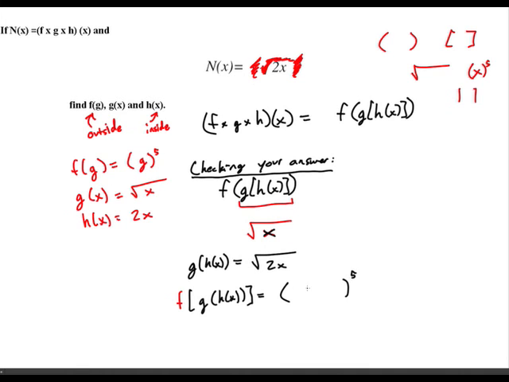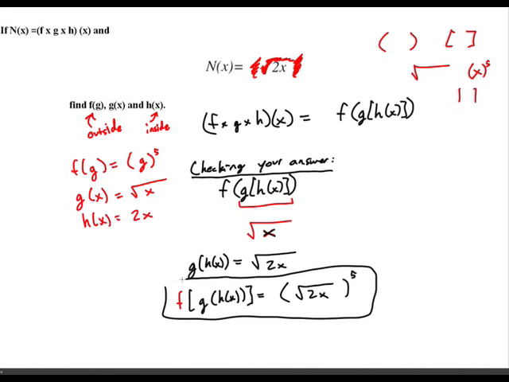So I just made a parentheses to the 5th power, and I'm going to change this to whatever I got here. And I get square root 2x. So I took all this g of h of x and plugged it in right there. Now, that's as far as we go. This is my composition of these three functions.